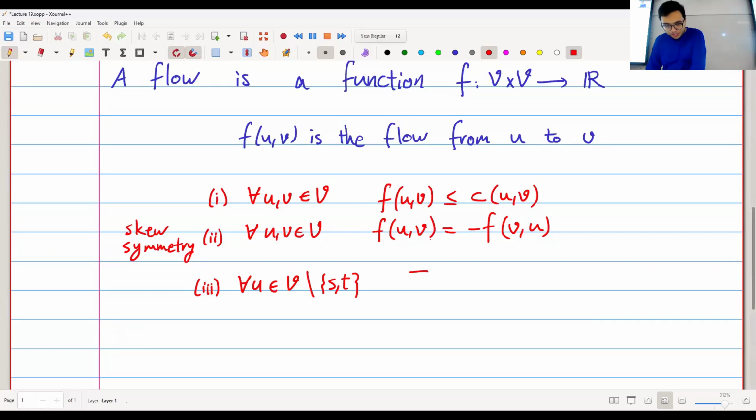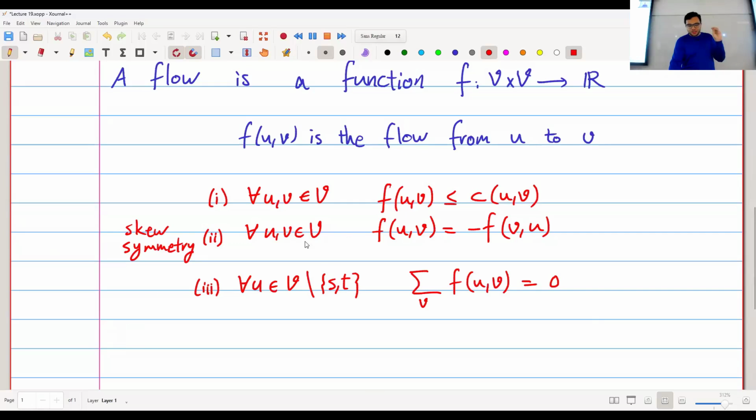But I'm going to write it in this way. I'm going to say the sum over all vertices v of f of uv should be 0. So what is this sum? This is basically saying, look at the flow from u to every other vertex.